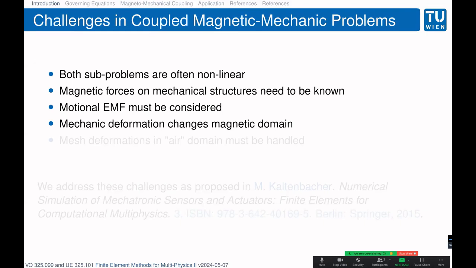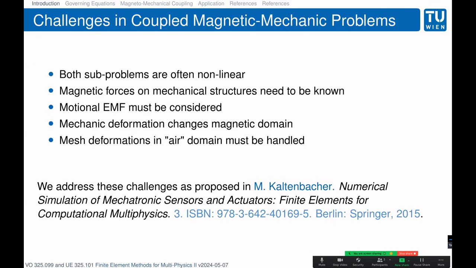If you don't model the air mechanically, which you typically don't want to do, you have to find a way to update the geometry. And this is the last point, that the mesh deformations in the air domain have to somehow be handled. And the basic phenomenology we use here is described in Manfred Kaltenbacher's book. So if you want more details, you can read up there.